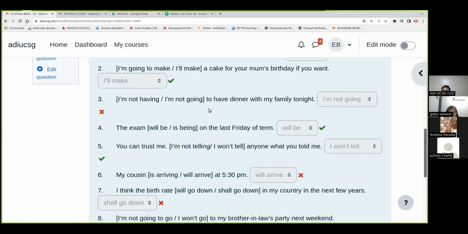But probably the problem here is not the expression, it is this: maybe the word to have should be inside the parenthesis, not outside. And if that's the case, both of them are correct. I'm not having dinner. I'm not going to have dinner. That would be correct. Maybe it's an editing problem and I would like to check it out. Give me a moment just to be sure.